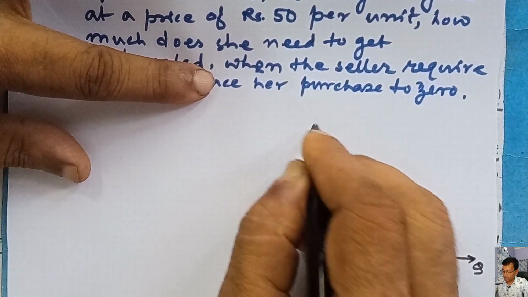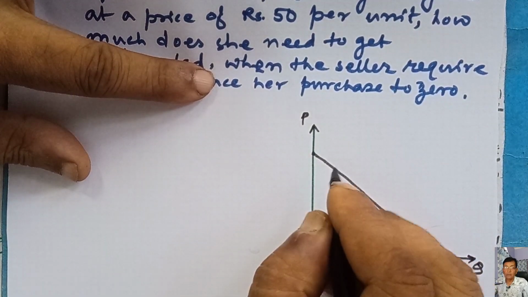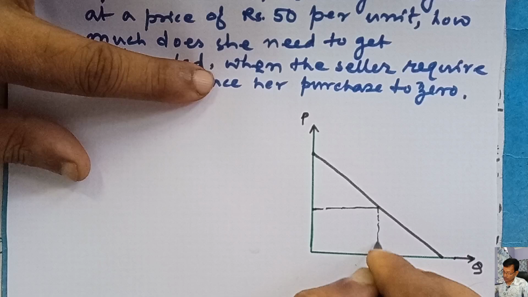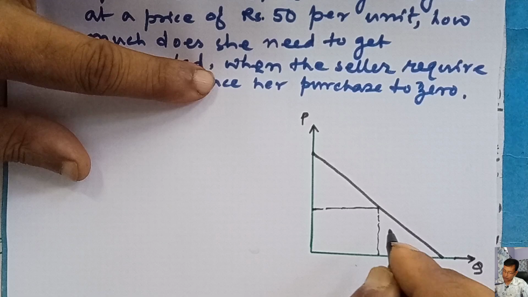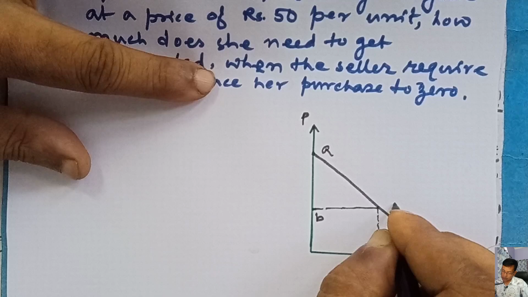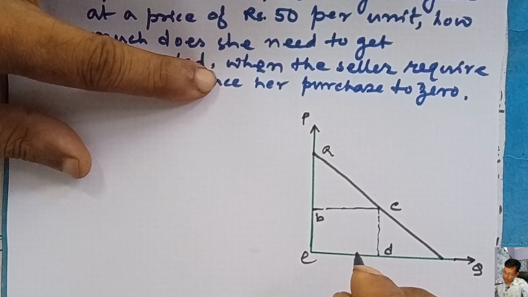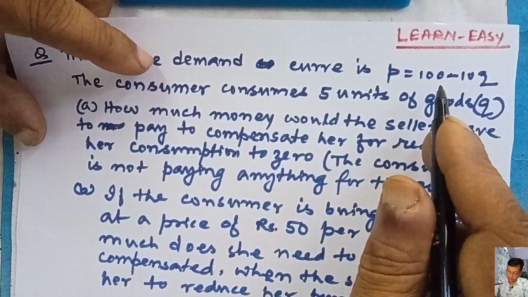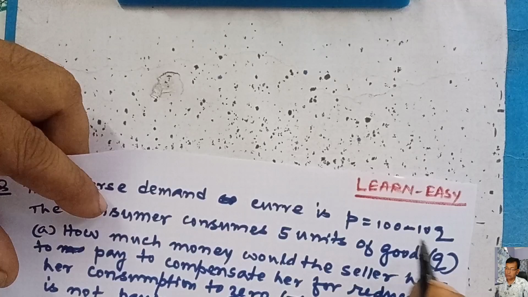This is Q. The y-axis represents P, the x-axis represents Q. This is A, B, C, D. Suppose it is E. This is $100, so it is 100 when Q is 0.